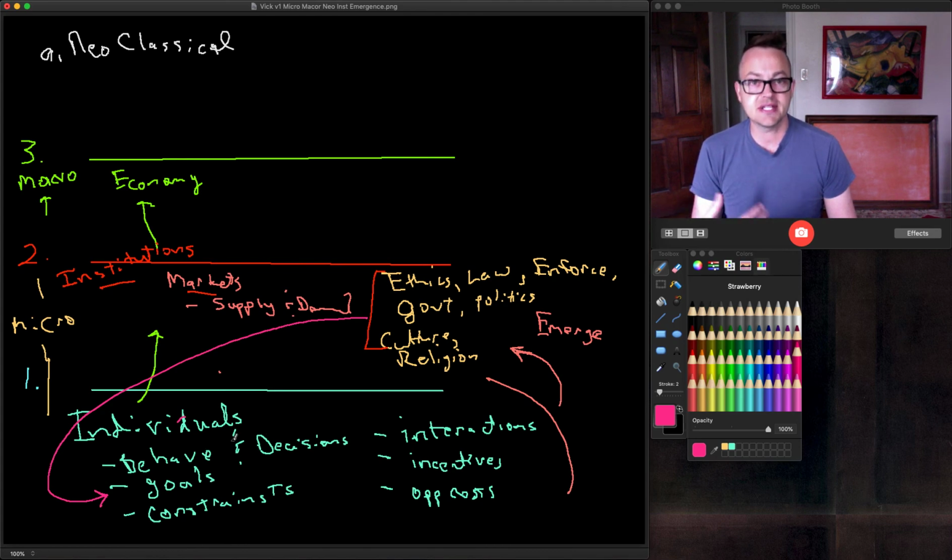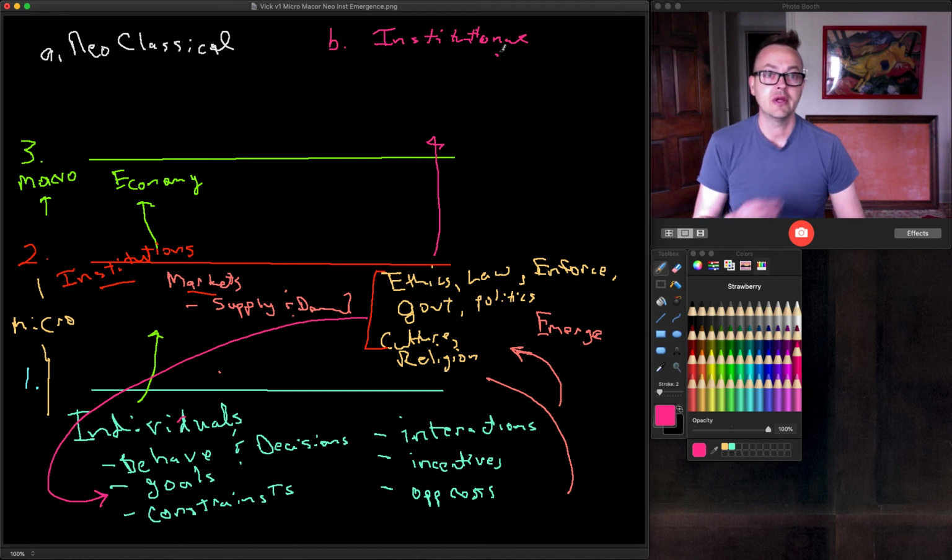So we take these things all together to do a much more complicated view. This ceases to be just a mathematical exercise as in the neoclassical approach. Instead, we take a second approach where we are considering all sorts of institutions, and this is called an institutional approach to economics. Okay?